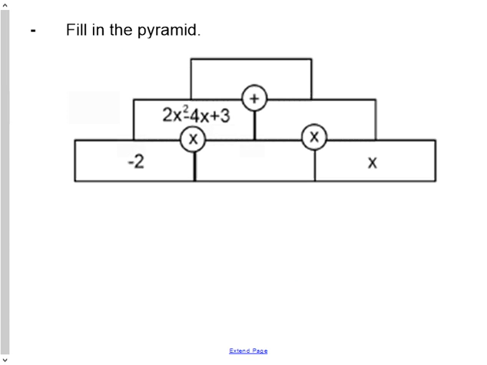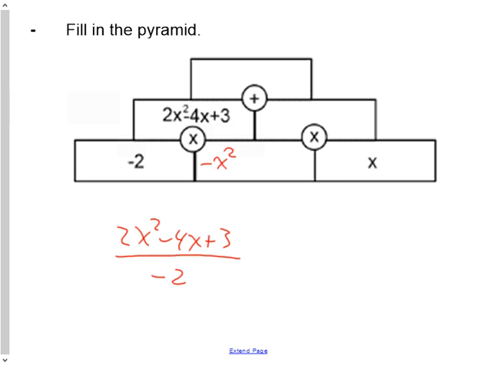And your last question is fill in the pyramid. So this times this equals this, which means this divided by this equals this. So what we're going to do is take this, oh, that's a minus, not a plus, and divide it by this to figure out the missing side length.